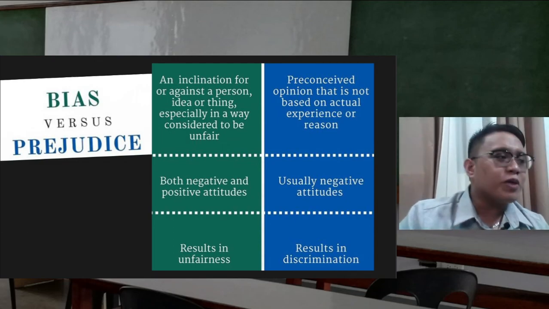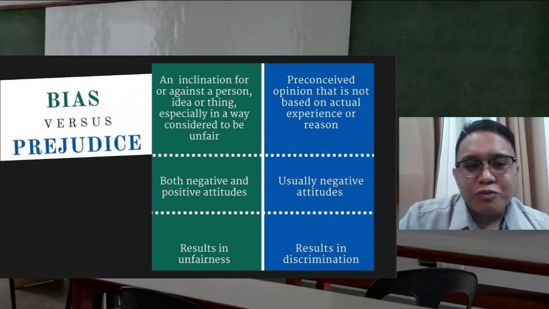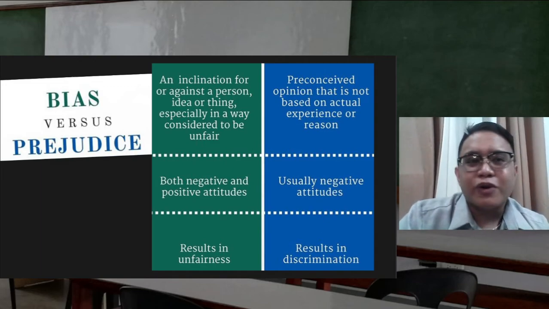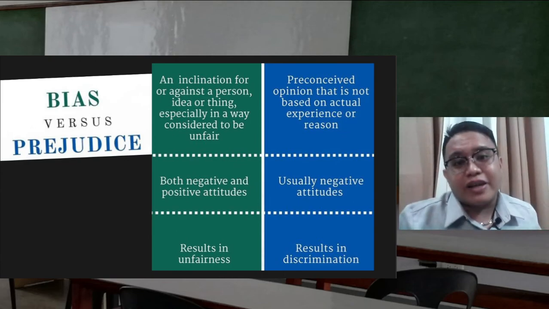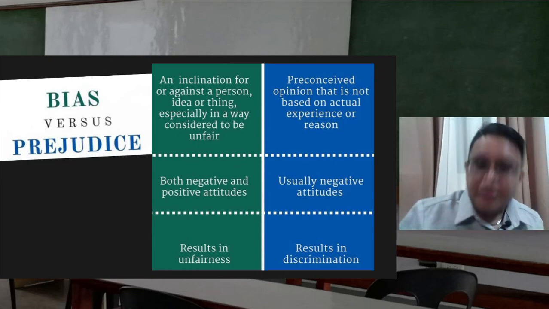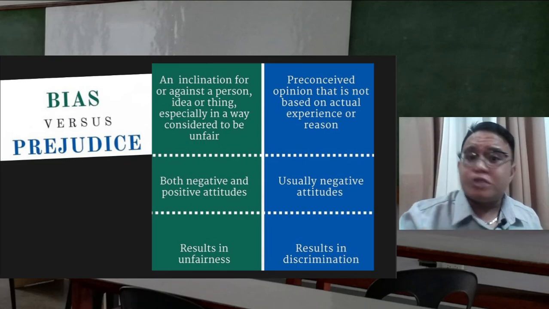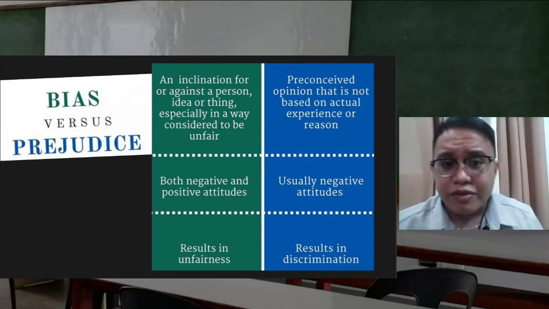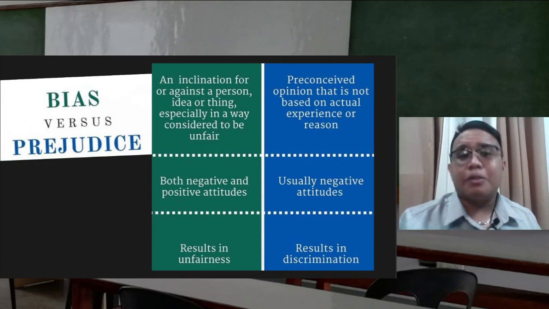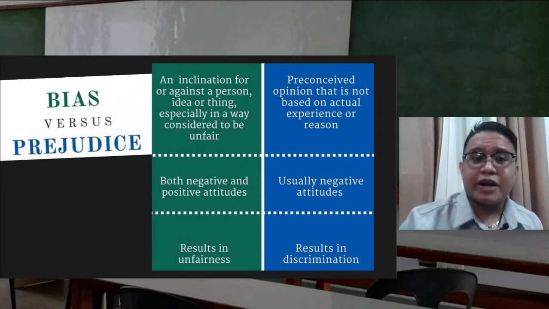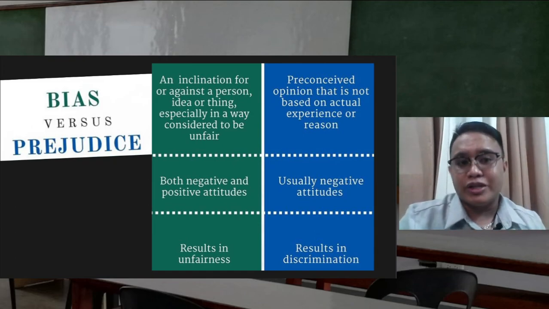You can say, wow, Leni Robredo is so bright in maths, because 4 times 4 equals 1,600. That's a positive example, you're giving a positive attitude. But when it comes to prejudice, like racism, that's negative. So prejudice is usually negative thoughts, while bias can be positive or negative.